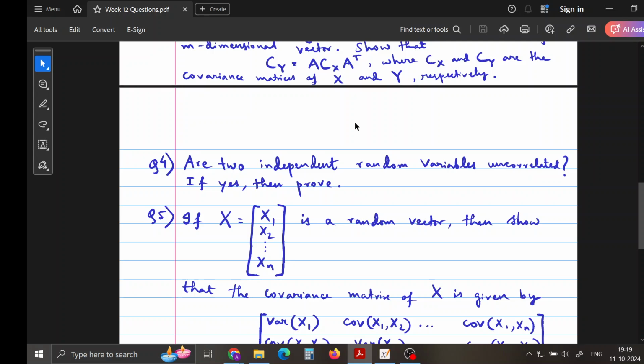So that is the motivation to discuss these basic problems on random vectors.